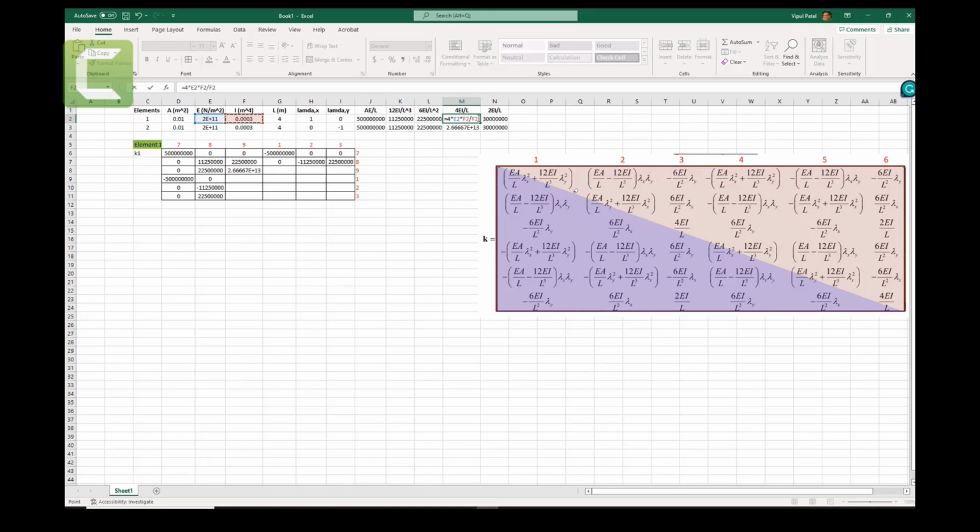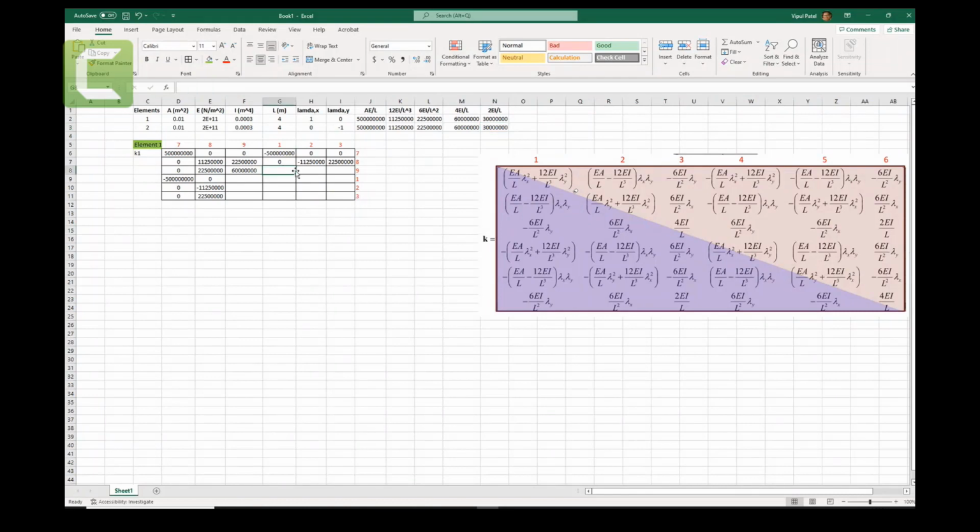Make sure you make some corrections here. You can see when I did something, something happens in between. So 4 EI on L, that is better. And 2 EI on L, that is better. That sounds a little bit better.